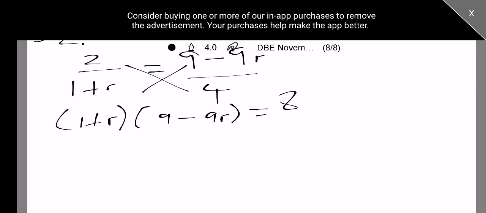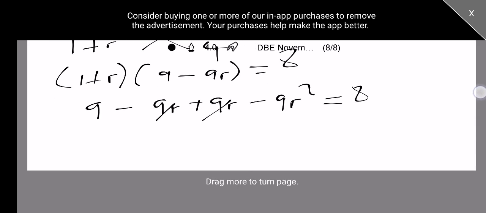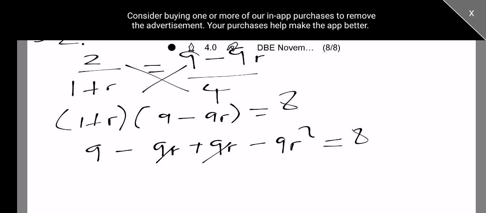Now let's simplify here. We're going to have 9. 1 times negative 9r is minus 9r. r times 9 is plus 9r. r times negative 9r is minus 9r squared. This cancels, equals 8. So we have 9 minus 9r squared equals 8.